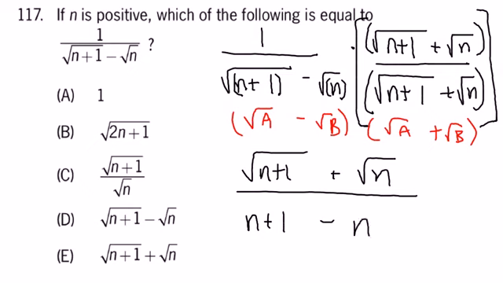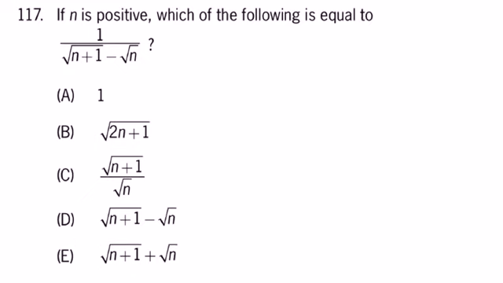And of course, n plus 1 minus n is just 1. So the end result is the square root of n plus 1 plus the square root of n. Now let's just check this. They say if n is positive, which of the following is equal to this?